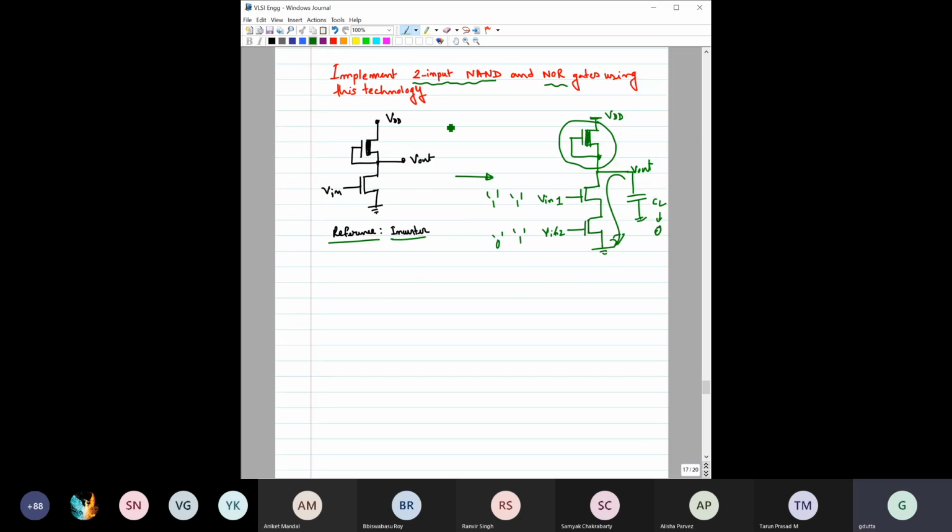Okay. Then can anyone else tell me what about the NOR gate? They would be parallel. Very good. For the NOR gate, they would be in parallel.